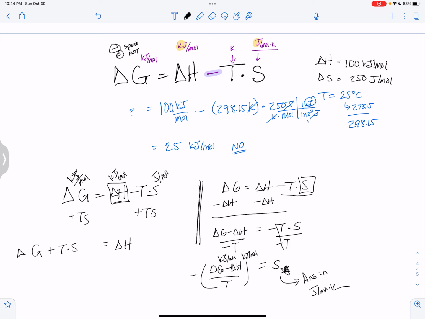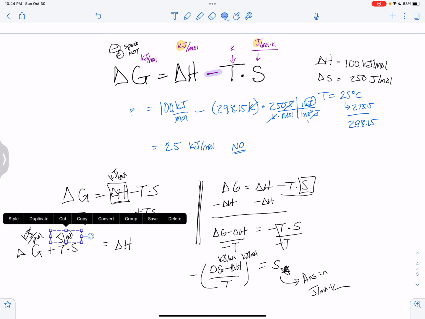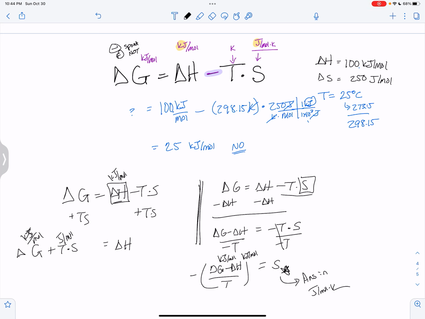So even when you rearrange it, your kilojoules per mole are going to be right there. And then your TS is going to be dealing with that kind of a unit. It has a Kelvin unit to it, but because you're multiplying times T, the Kelvin unit is going to be canceled out. But you'll notice we have some unit inconsistency issues there also.